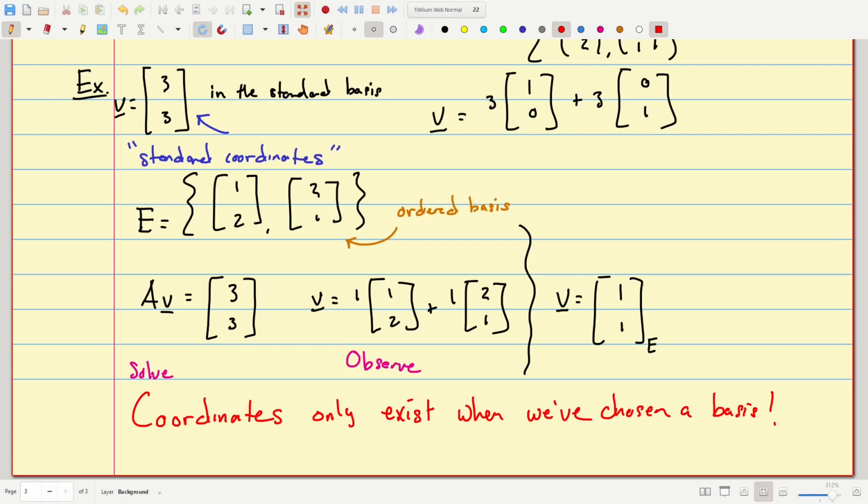A vector is an object that exists mathematically independent of the coordinate system in which it is expressed. We tend to identify a vector with its representation in a coordinate system, and that representation is going to end up being unique. But because there are many, many valid choices of coordinate systems, that doesn't mean that a vector is tied to any particular one of them. The idea of a vector is separate from the coordinate system in which we choose to express it.